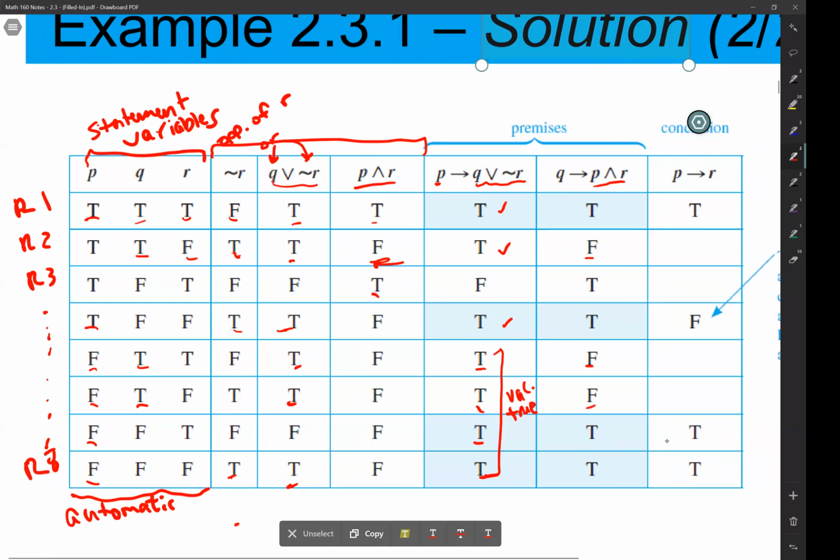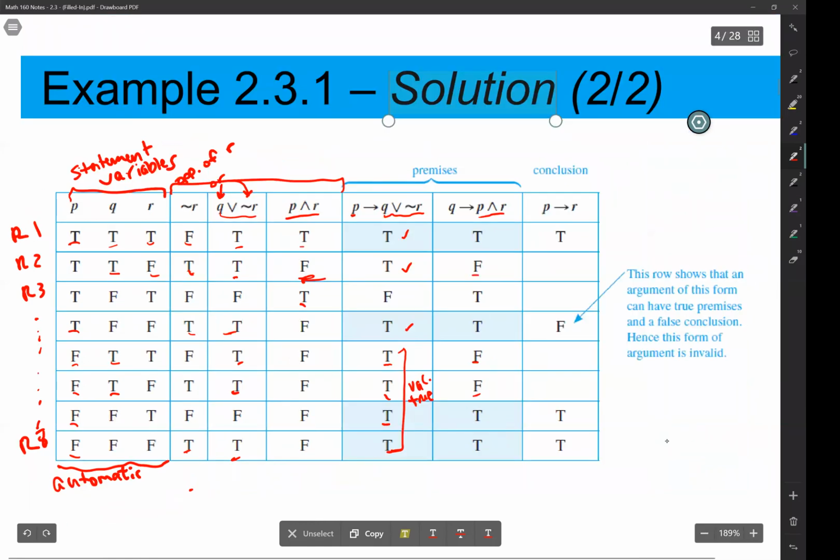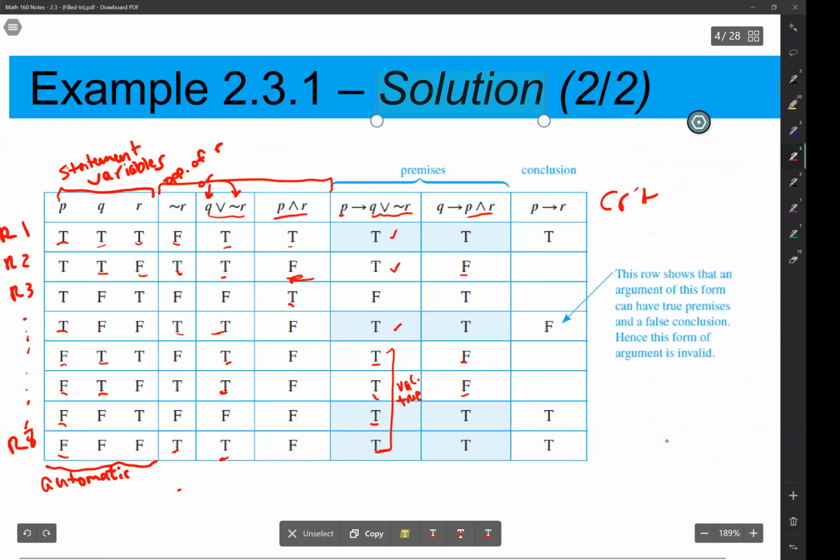Okay, now to worry about the argument form, all we care about is look at the rows, look for the critical rows. Okay, and that's where I have true premises and true conclusion. Okay, let me back up here to the definition again.